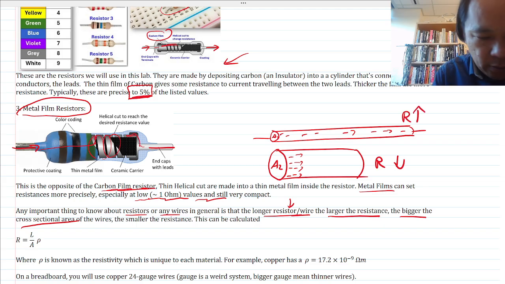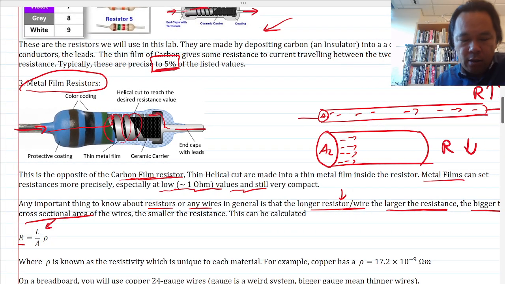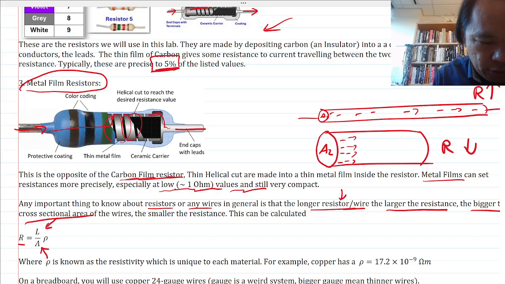So that means the resistance is going to be proportional to the length of your resistor or wire and inversely proportional to the cross-sectional area.